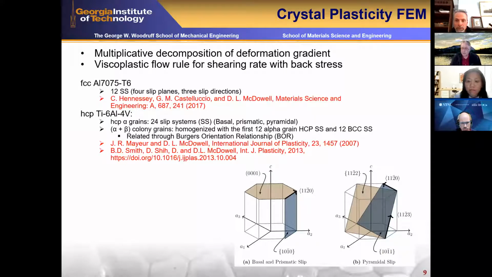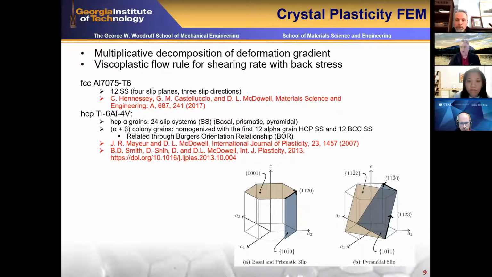The alpha grains are hexagonal close packed, low symmetry crystals. The basal plane slip is dominant. Prismatic is a fairly easy slip system as well. And we have first and second order pyramidal systems in which the C+A type of pyramidal system plays a dominant role.